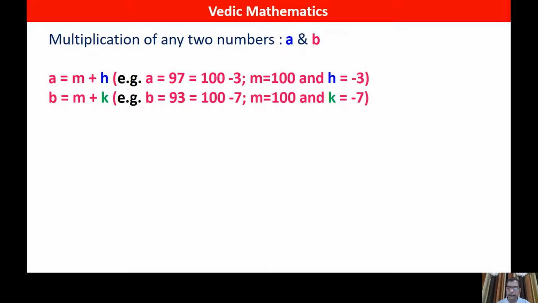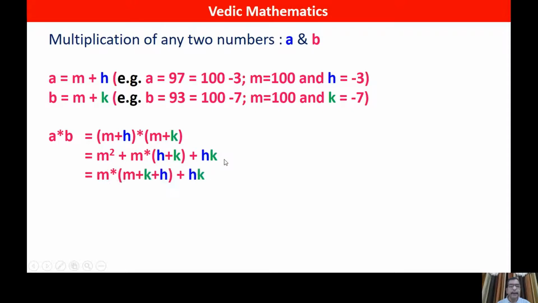So A times B can be written as M plus H into M plus K, and the same expression can be expanded like this: M square plus M into H plus K plus HK. This can be further rearranged in the form M multiplied by M plus K plus H, plus HK.